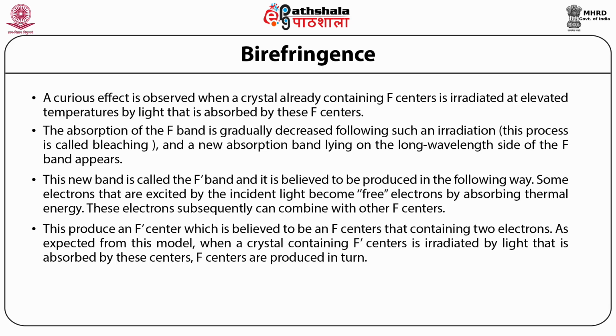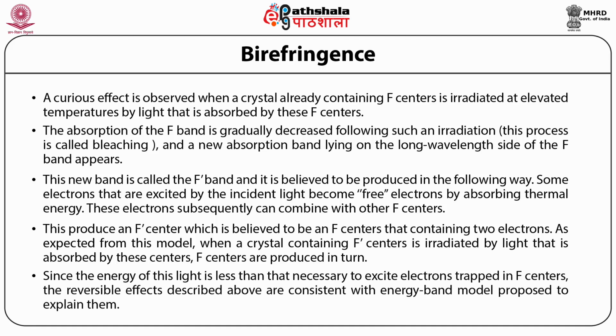As expected from this model, when a crystal containing F' centers is irradiated by light that is absorbed by these centers, F centers are produced in turn. Since the energy of this light is less than that necessary to excite electrons trapped in F centers, the reversible effects described above are consistent with the energy band model proposed to explain them.